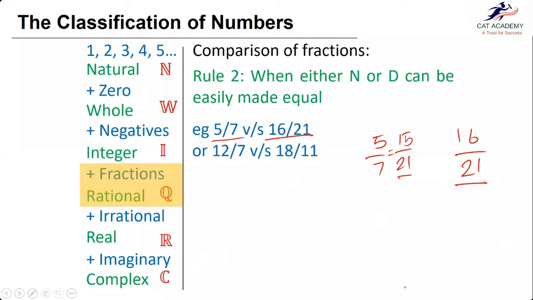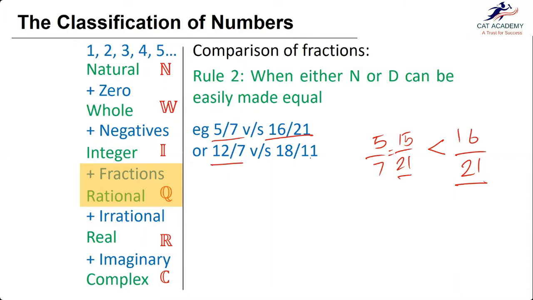So the larger the cake size, the larger will be my portion size. Correct? There are two cakes, one of size 15, one of size 16, both being cut into 21 pieces. The one which has the larger size, that is 16, must be the larger one.